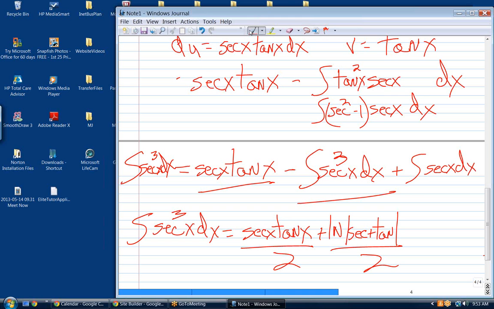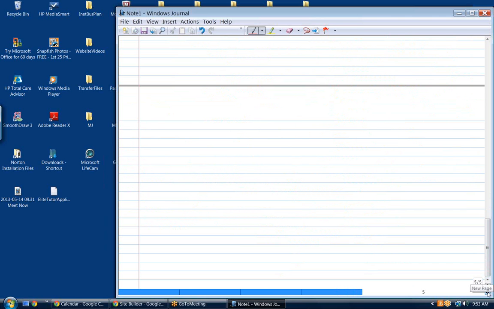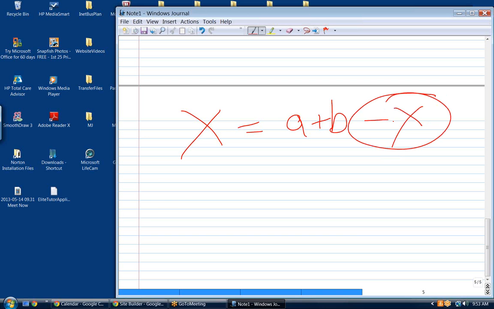I could have picked a simpler example, but the concept is basically the following. If I'm solving for x, and I get that x is equal to a plus b minus x, well, I'm going to add x to both sides. So now I got 2x equals a plus b.